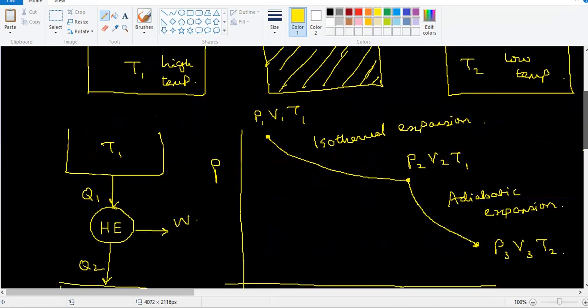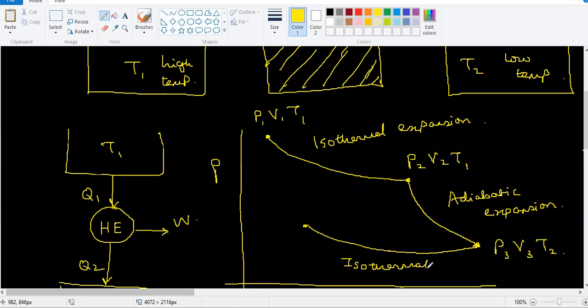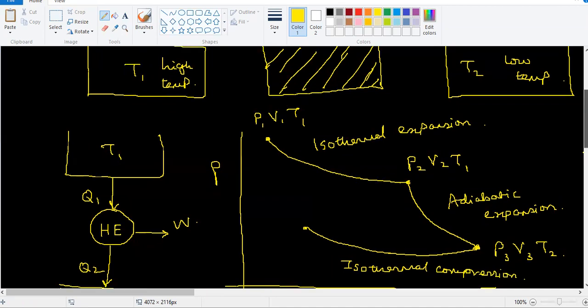So the next process will be isothermal compression. This might be slightly confusing, so pay attention. Let me say that one more time.